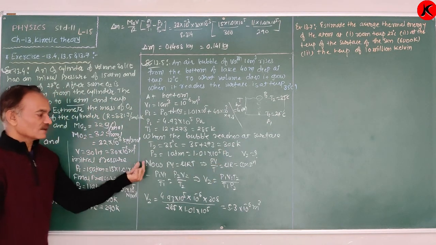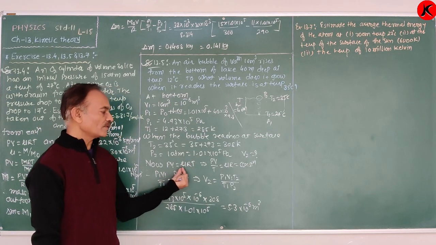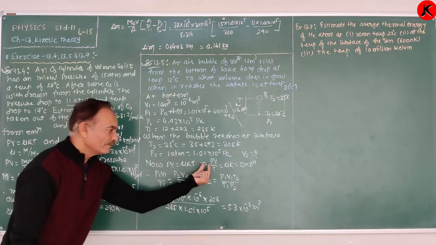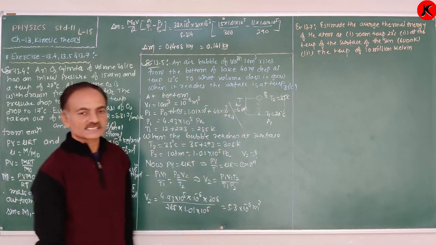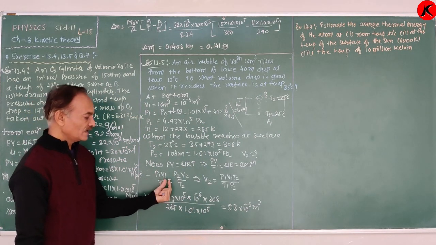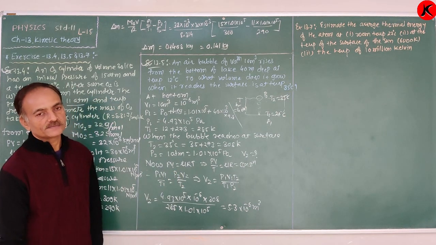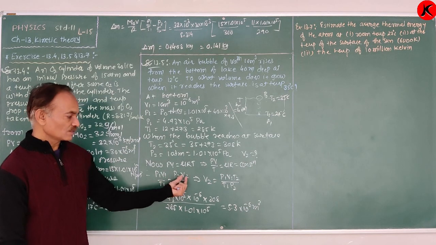Now from the equation of state, PV is equal to mu RT. Therefore PV upon T is equal to mu R, which is constant. Therefore we compare PV upon T at the bottom and on the surface. Therefore P1 V1 upon T1 is equal to P2 V2 upon T2. So from this equation, what is V2?